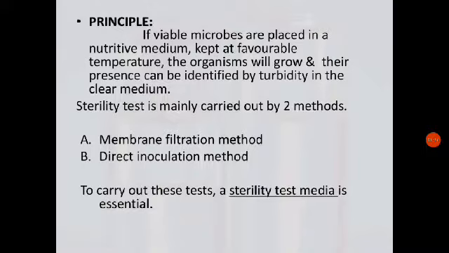So the principle is that if the product is non-sterile, it must have some microorganism, which is cultured in a nutrient medium, giving favorable temperature for the organism to grow and form colonies, and its presence is identified by means of turbidity.